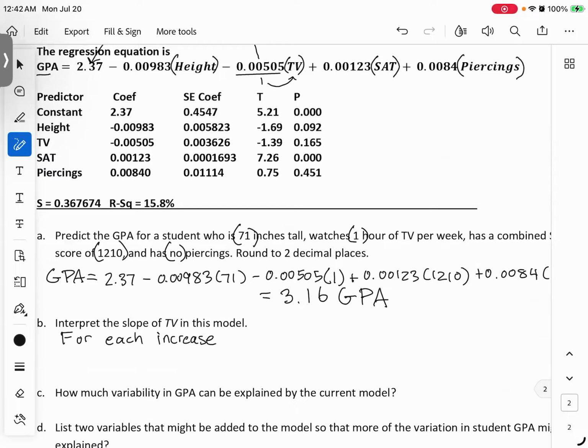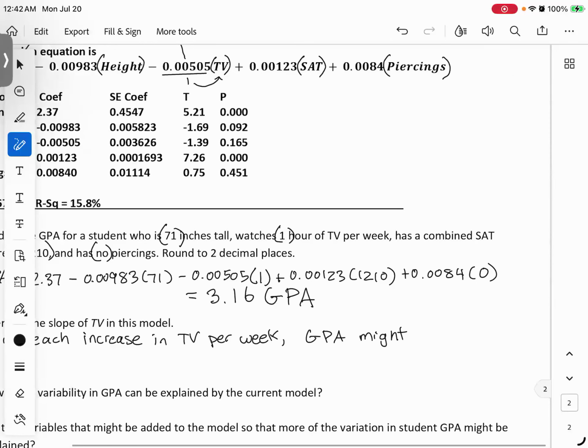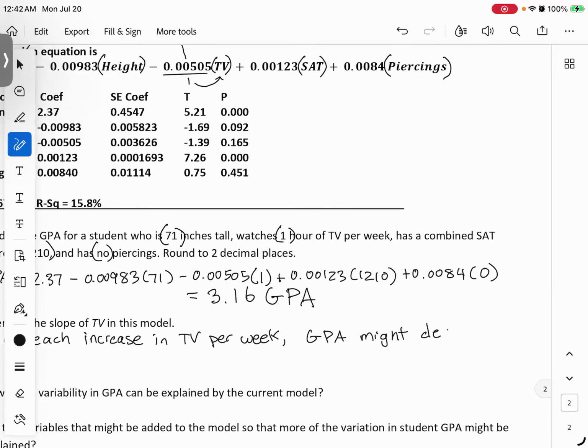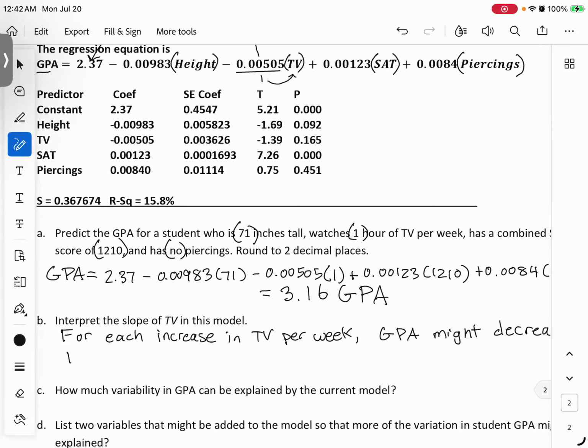So for each increase in TV per week, somebody's GPA might, again, because of the slope being negative, we're going to use the word decrease by 0.00505 points.